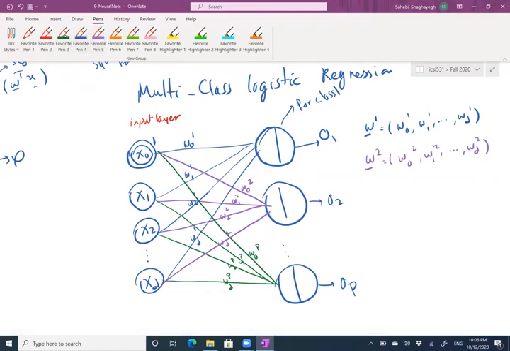For class P, I'm learning another vector, which is W0, W1, WD for class P. Okay.